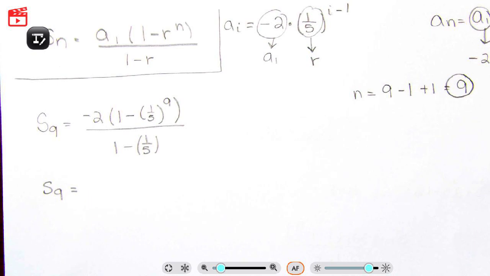So 1/5 to the 9th power. I'm going to type all of it into my calculator to see if that gives me what I need.